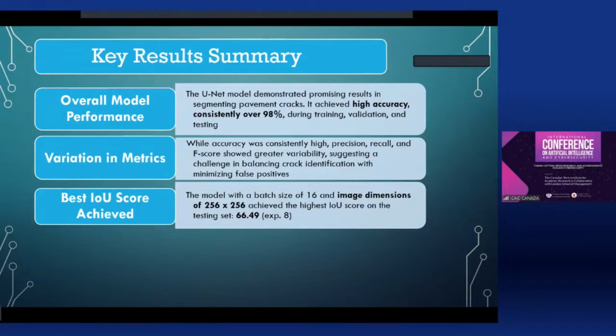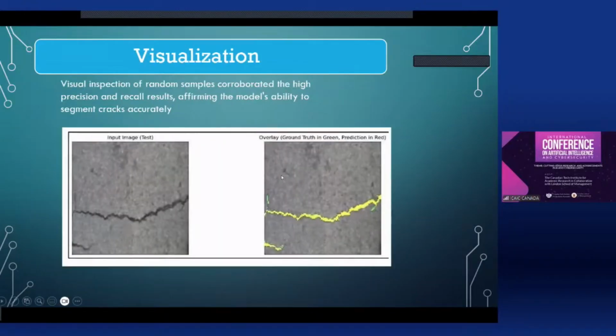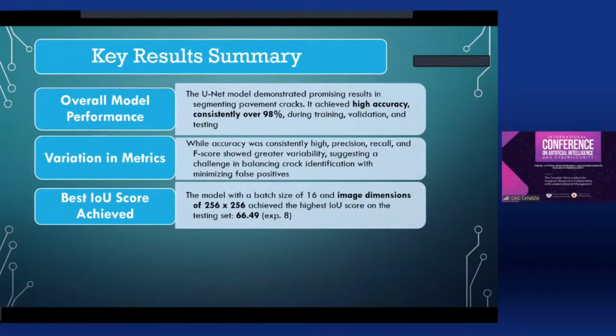So the overall model performance: the UNet model demonstrated promising results in segmenting cracks, achieving high accuracy consistent across the training, validation, and testing. While the accuracy was consistently high, precision and recall showed greater variability, suggesting a challenge in balancing crack identification with minimizing false positives, which can be related to the quality of the data, as many speakers have mentioned here.